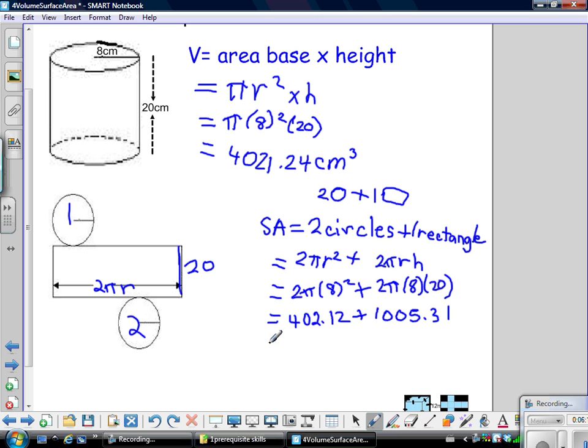Add the two together and we end up with our final answer, and because we're talking about area, it's going to be squared. So that is the volume of this particular cylinder and its surface area.